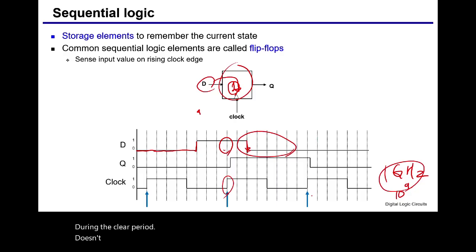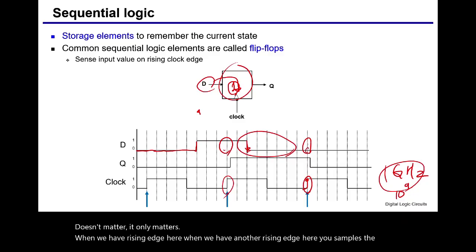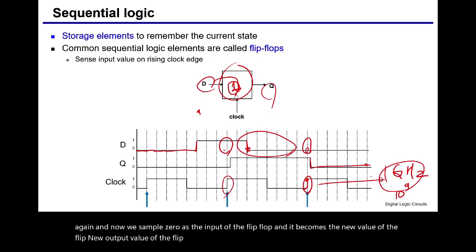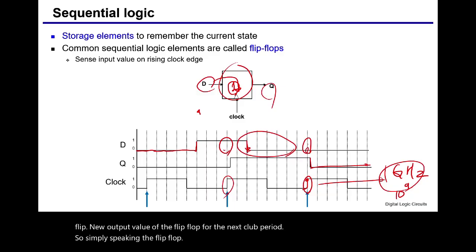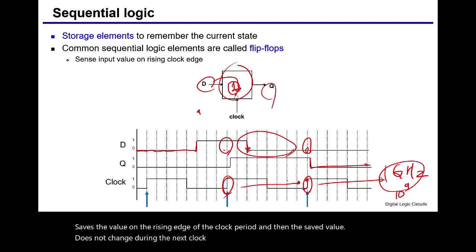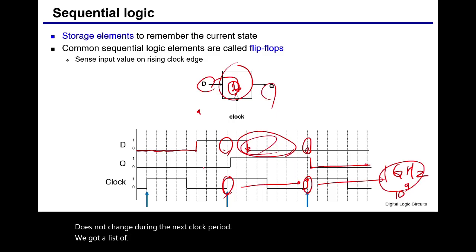It only matters when we have a rising edge here. When we have another rising edge here, it samples the value again, and now we sample 0 as the input of the flip-flop, and it becomes the new output value of the flip-flop for the next clock period. So, simply speaking, the flip-flop saves the value on the rising edge of the clock, and then the saved value does not change during the next clock period, regardless of the change of the input.